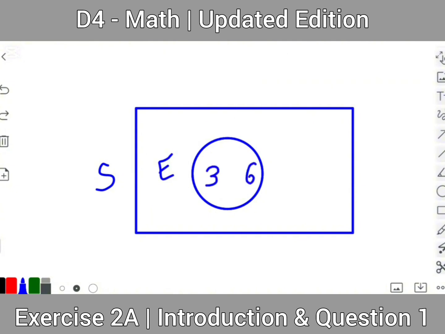And now we will write down the remaining elements, excluding the elements of the event, and those are 1, 2, 4, and 5. So this is the Venn diagram representation for the sample space, event, and the complement of the event.